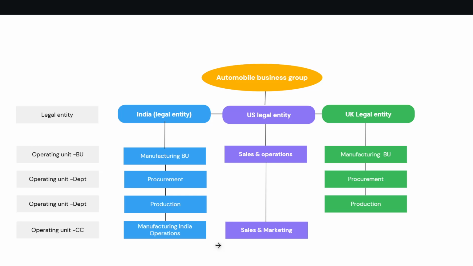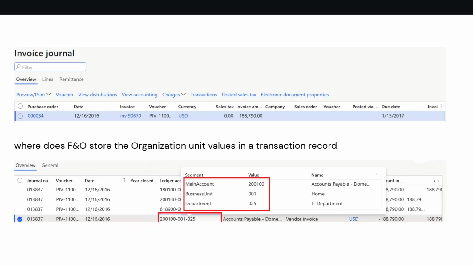So let me show you a slide which will make it simpler to understand where these operating units and values are going to occur in F&O transactions. As you see here, this is my invoice which I created as part of my purchase order process. And this purchase order has a value of 188,000.